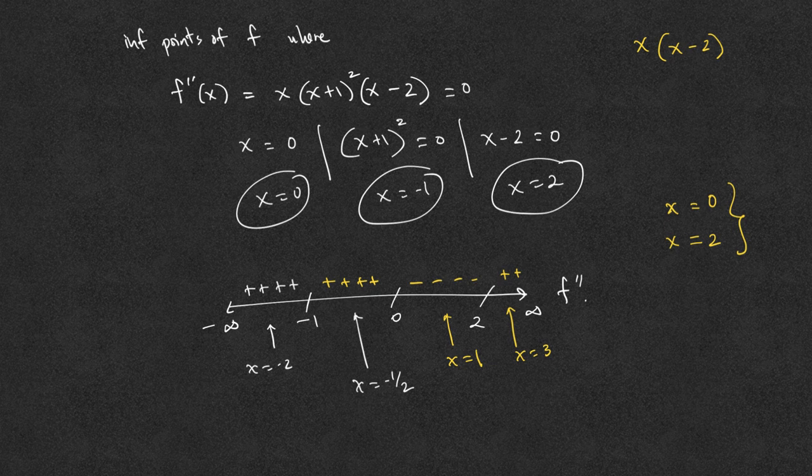Now usually we want to have the x and the y coordinate for the inflection points, but in this case we don't have f of x, so we cannot find y, but we know the location of the inflection points. We don't know how high or how low the inflection point is, but we know where it is. The inflection points occur at x equals 0 and x equals 2.